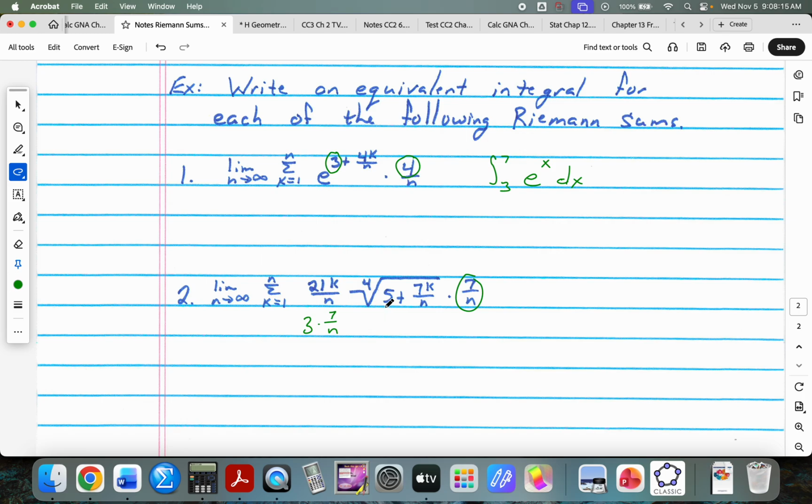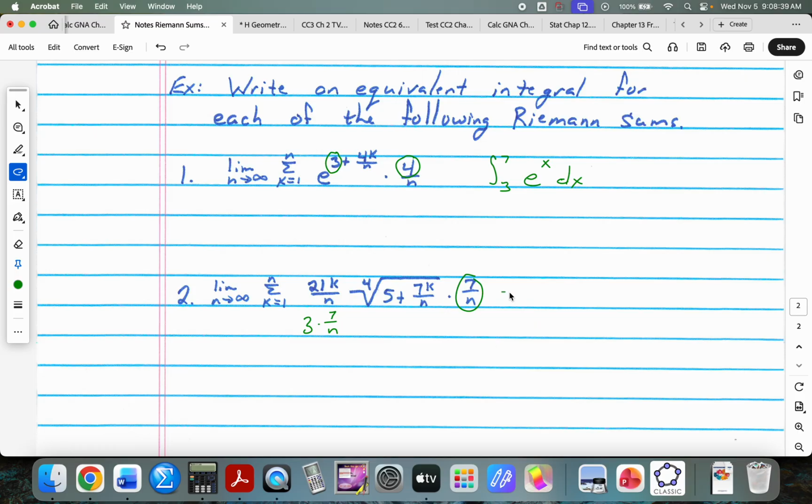And underneath the radical sign, it feels like it should start at 5, right? The simplest way to do that is, since this one looks like it starts at 0, go ahead and start at 0 because there's no plus anything, and just put the plus 5 underneath the radical sign.